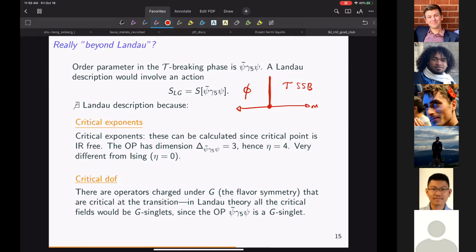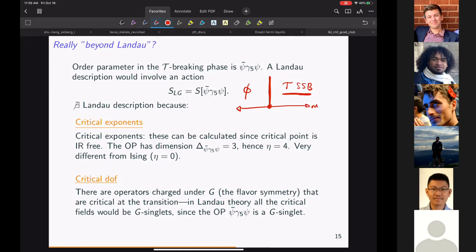But in fact, this can't happen, for the following reason. I told you that T is spontaneously broken over here. Well, that means some operator charged under time reversal is getting an expectation value. So we can look at all the operators that appeared in this fermions plus gauge fields theory and look for ones that are charged under time reversal.